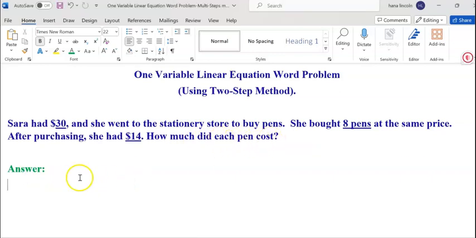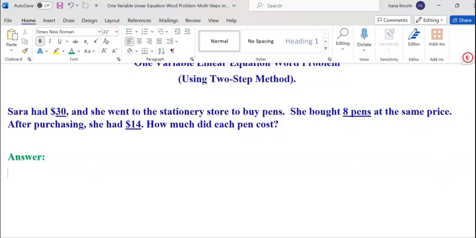So to set up the equation, first write down the sum. At the initial, she has $30, right? So enter the initial value, and then you're going to add up how much she has left plus 8 pens times the cost of each.